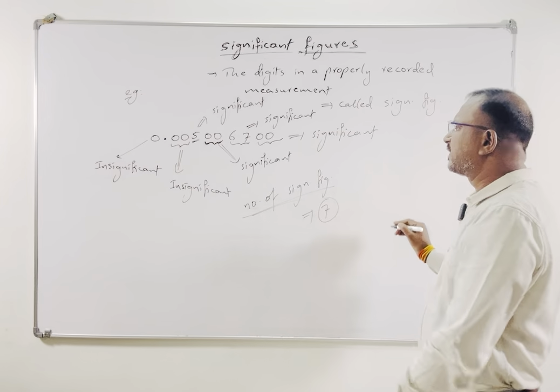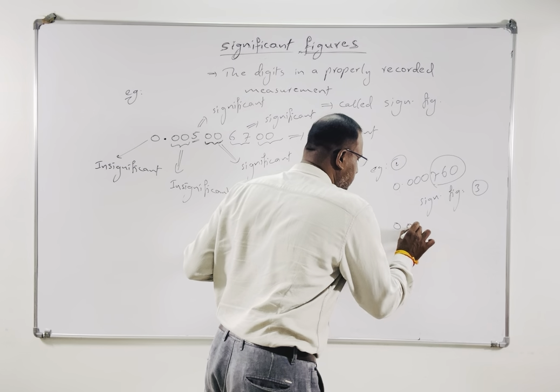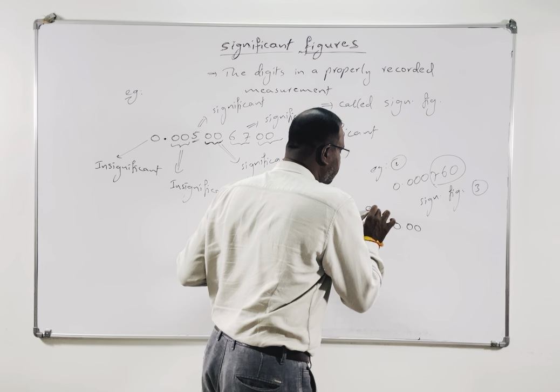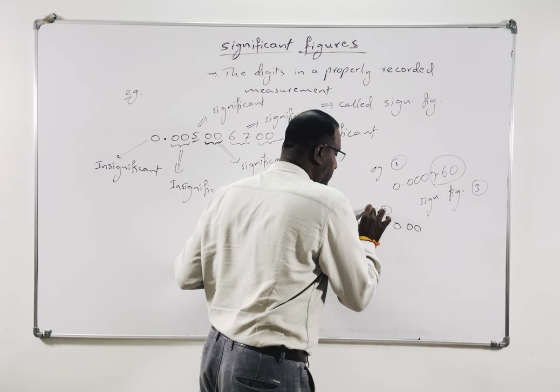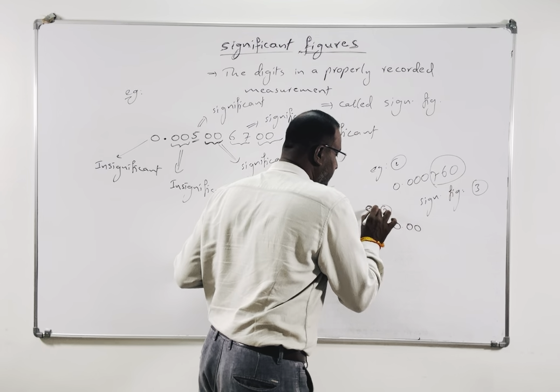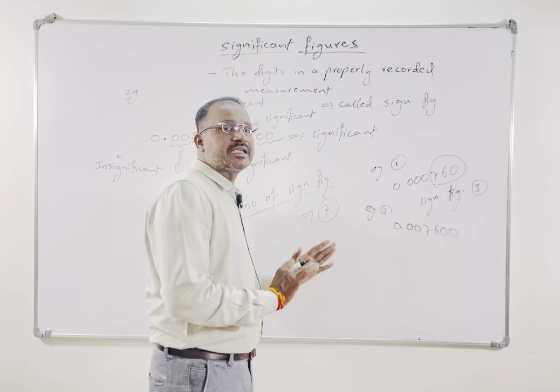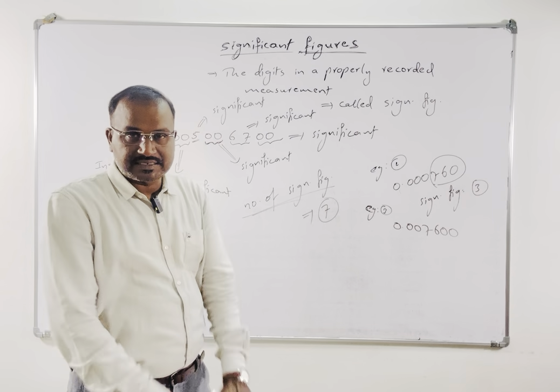And if I write this example like this, example 3 I am taking: 0.007600. Now in this case, how many significant figures are there?